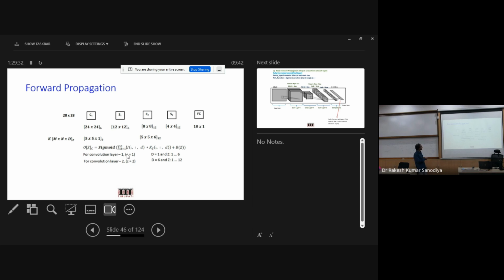And next, you have 6 filters, 6 feature maps. Then we are doing subsampling, downsampling by 2, either through max pooling or average pooling. And then we are doing another set of convolutions to get maps.